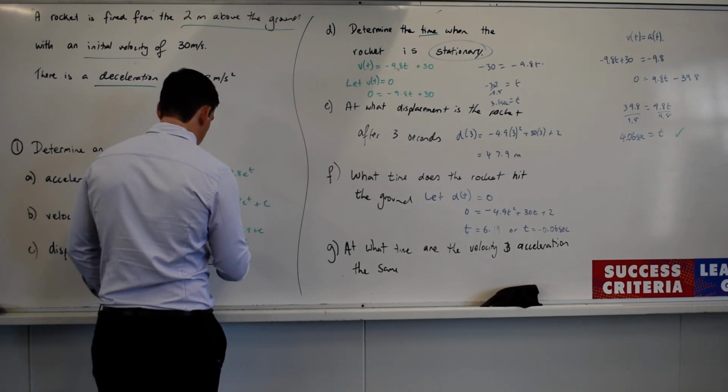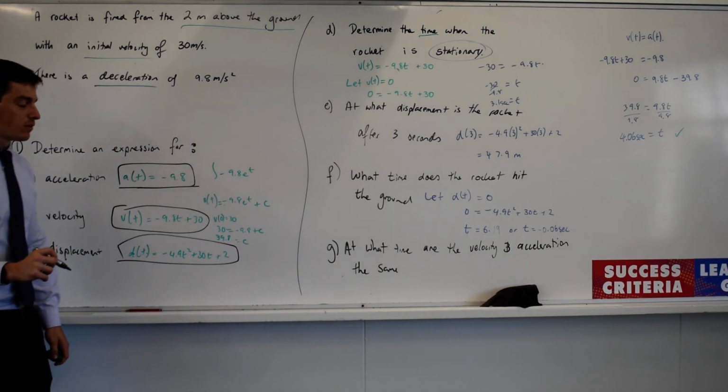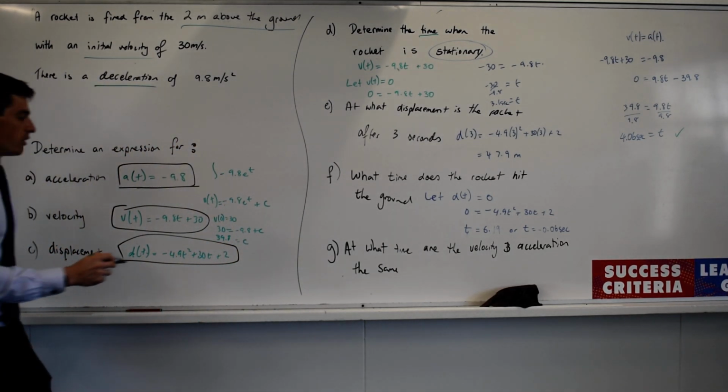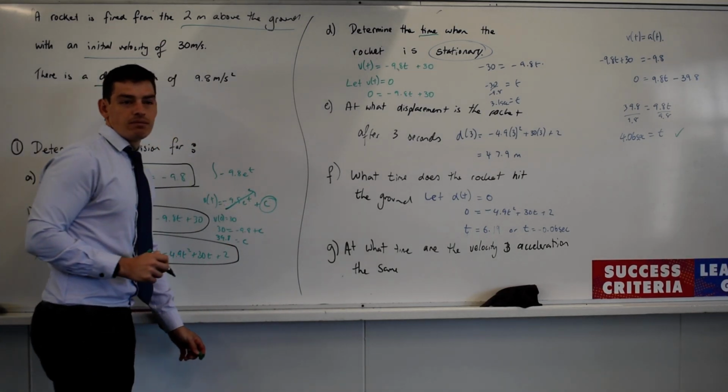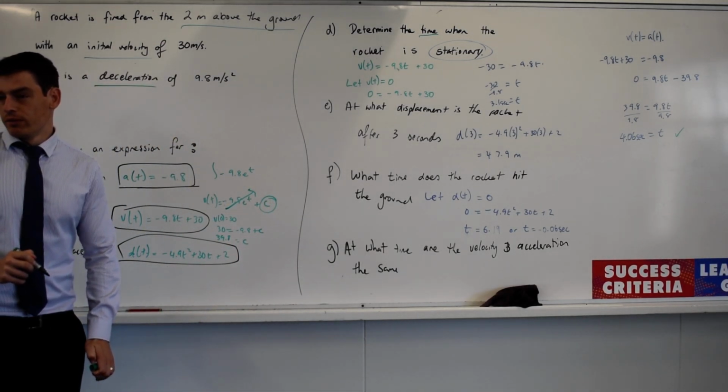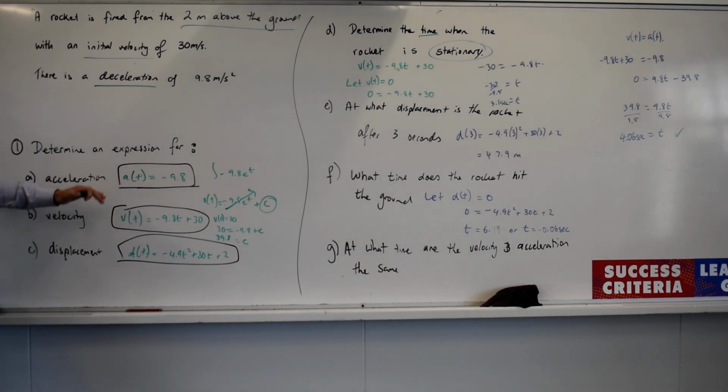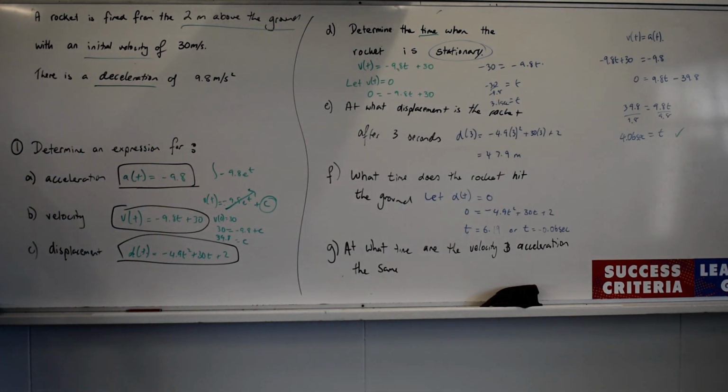39.8. What do a lot of kids do when they see that question? They just say c is 30. Job done. That's all well and good with polynomials, because when t is equal to 0 they cancel out completely.